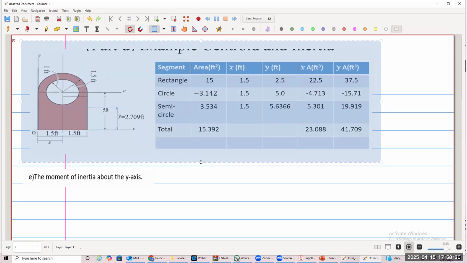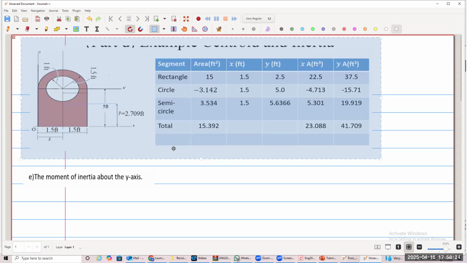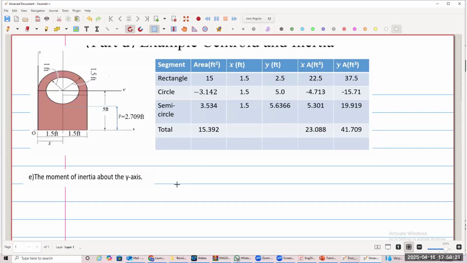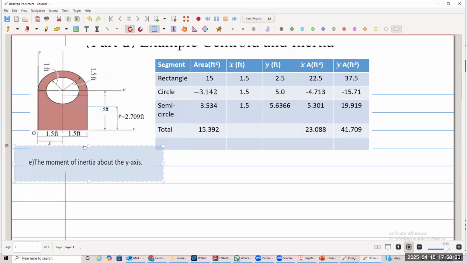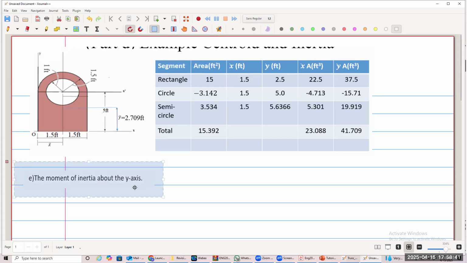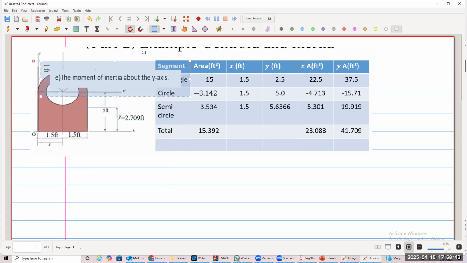All right, I don't want to make the figure too small. And I put that here. It says E. All right, come on, I want it up there.